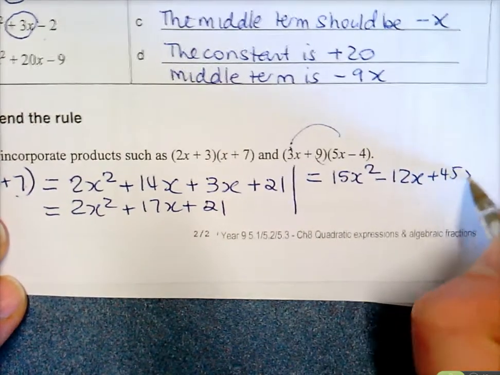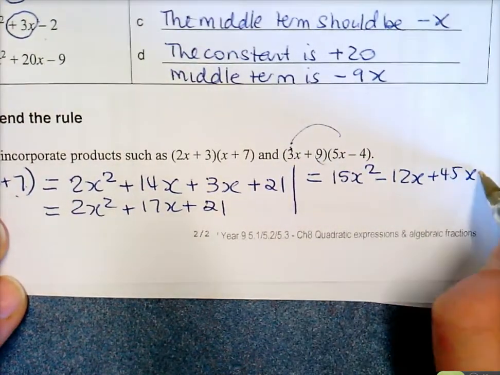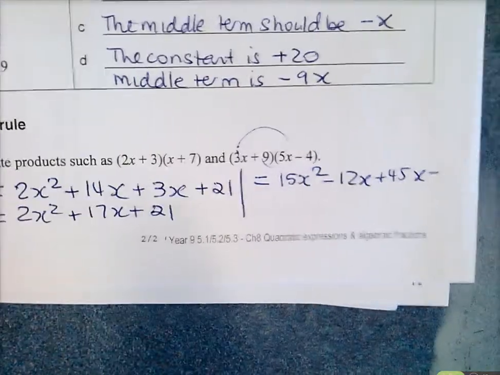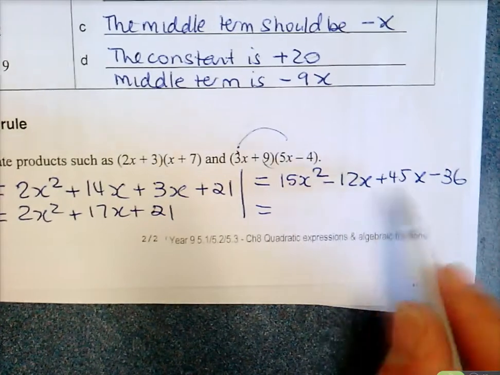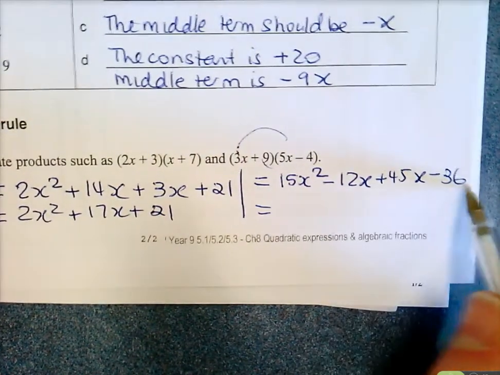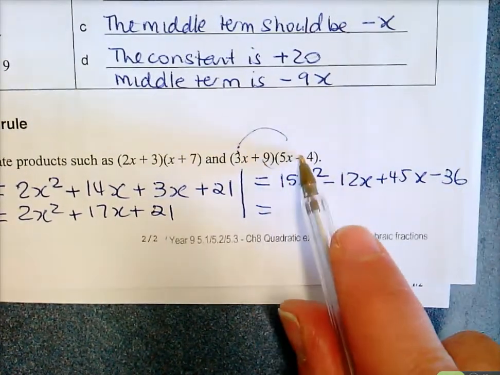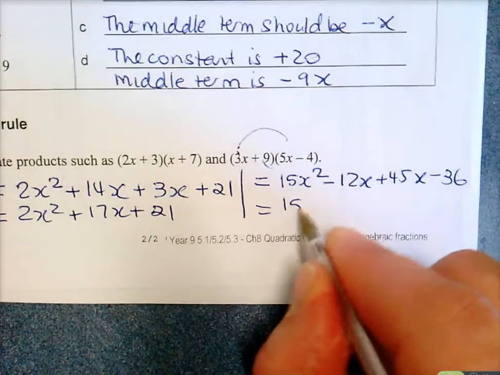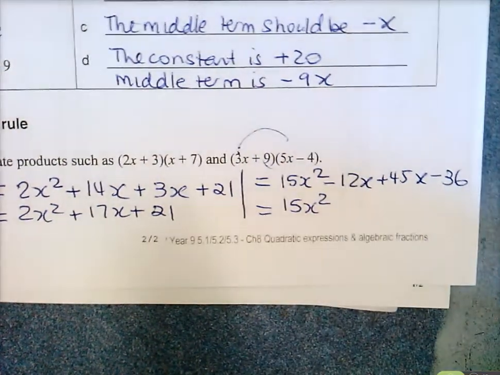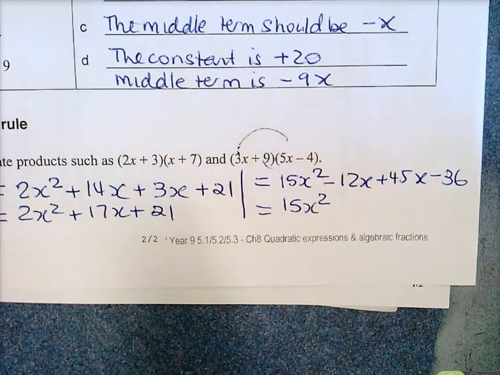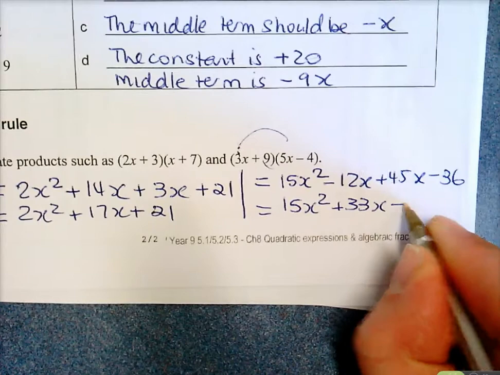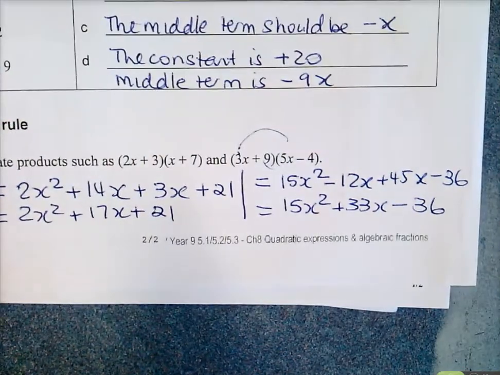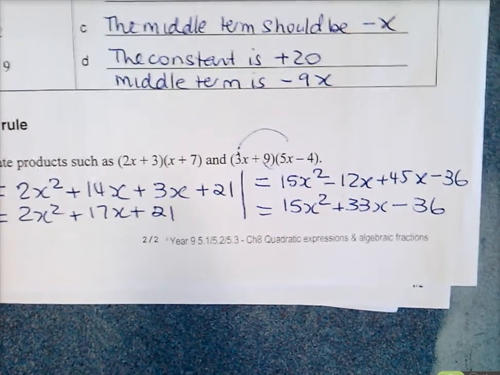Plus 45x. Minus 36. Girls, with this one, you can't guess the middle term. You can only do the constant, which is 9 times minus 4 is minus 36. What have I got? 15x squared plus 33x minus 36.